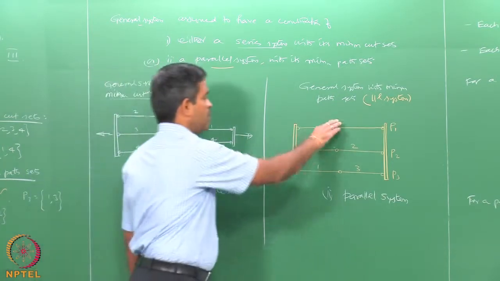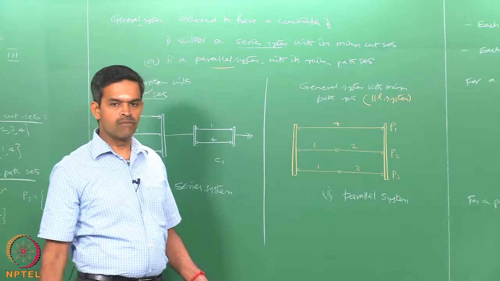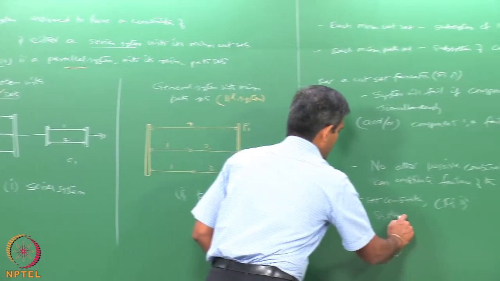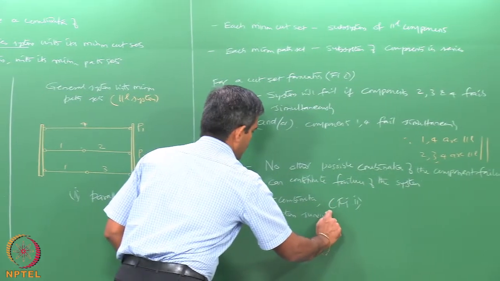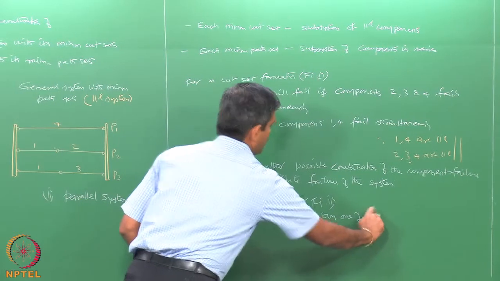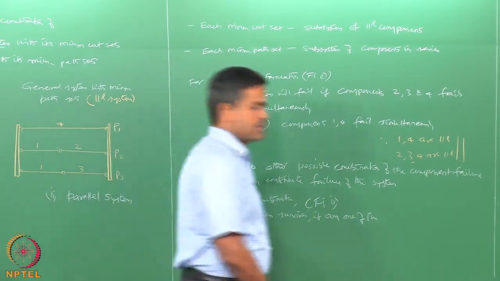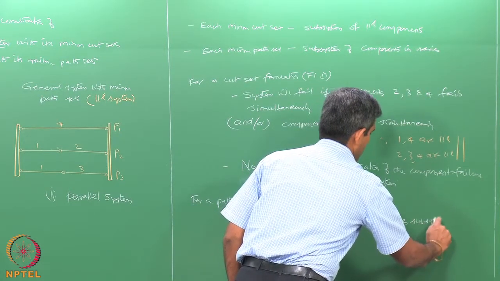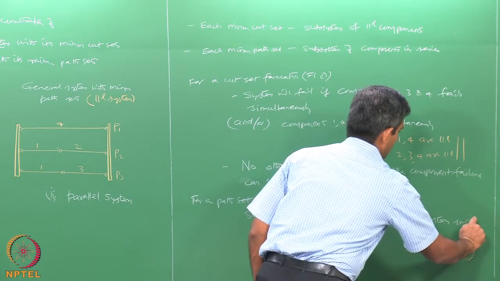Because they are in parallel. Okay. So, the system survives if any one of the series subsystems survives. Okay.